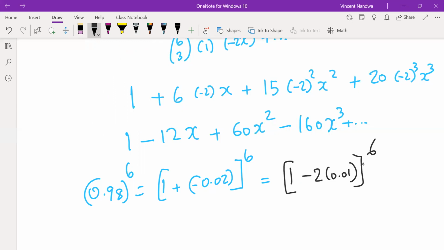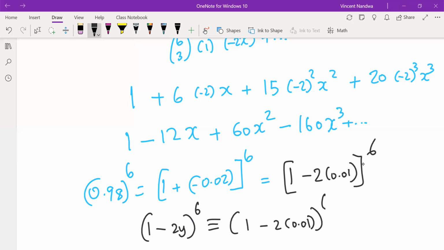So when I say (1 − 2x)^6, I relate to (1 − 2 × 0.01)^6. I see that x should be replaced with 0.01.